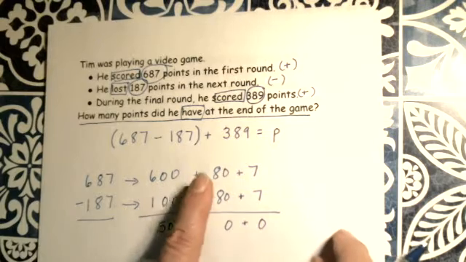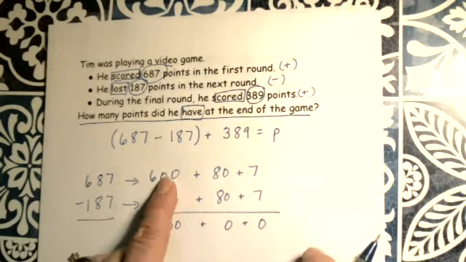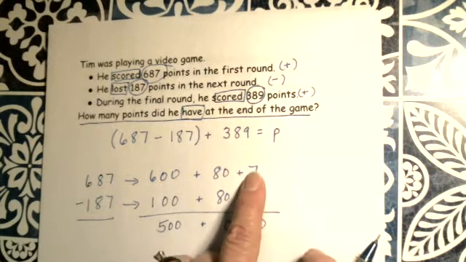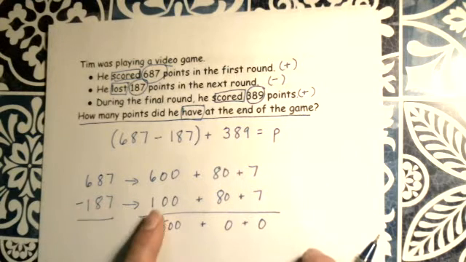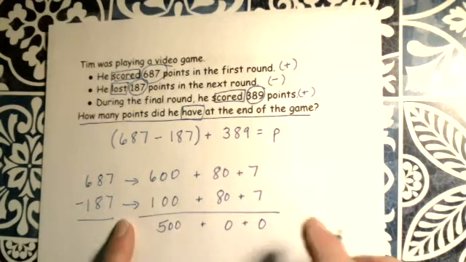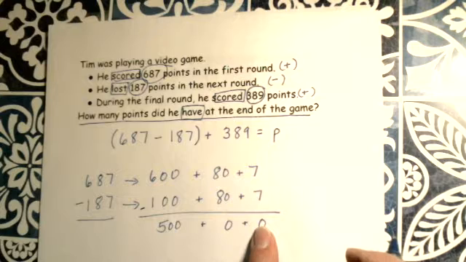Now I know it might confuse you seeing these pluses, and I'm talking about subtracting, but these pluses stand for, I wrote this 687 in expanded form, 600 plus 80 plus 7. 187 is 100 plus 80 plus 7. But now what I did here, I'm doing the subtraction. 7 take away 7, 80 take away 80, 600 take away 100.